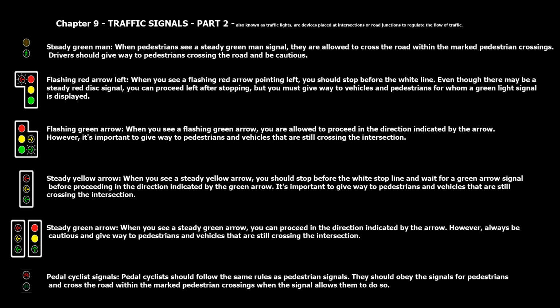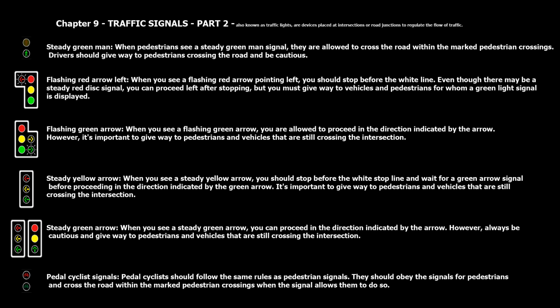So a flashing green arrow pointing to the right indicates that you can make a right turn, but you must yield to any pedestrians or oncoming traffic. So it's basically like a proceed with caution sign when you're turning right.